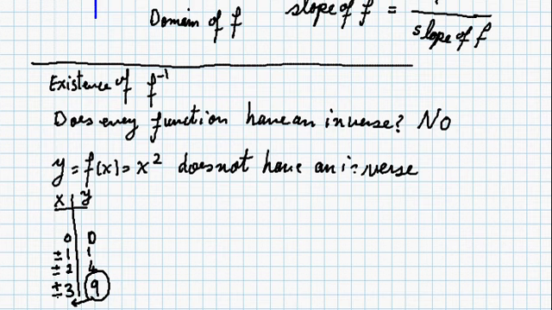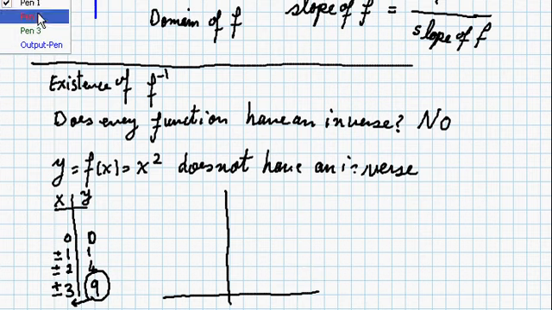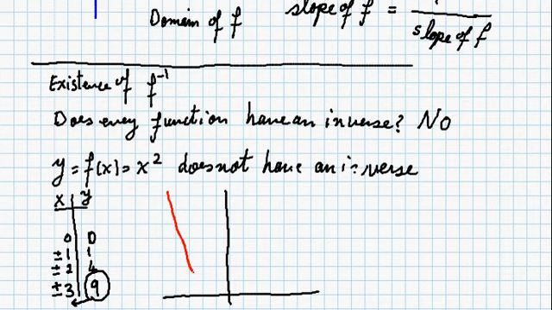Let's go ahead and graph this function and see it in a picture. What's going wrong here? Here is the graph of y equal to x squared. It's just a simple basic parabola. So it comes down and goes back up. So if you have an output here like 9 or 4 or any of these numbers, what are you supposed to do to find the input? Well, suppose this is 9.